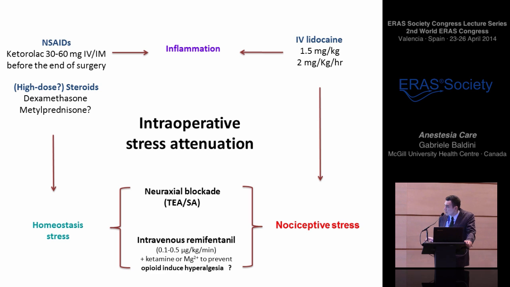If you want to use remifentanil, there are data showing that, like all the other opioids, it can be associated with opioid-induced hyperalgesia. So when we use remifentanil in our institution, trying to prevent this, we use either a small dose of ketamine or magnesium together with remifentanil.